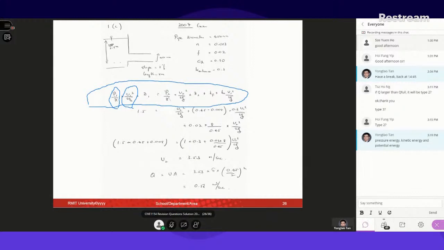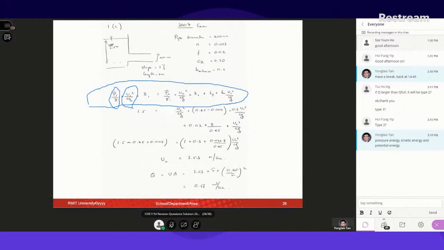These are the three energies in the Bernoulli equation. Pressure energy, P over gamma. V square over 2g represents the kinetic energy, because the water is moving, flowing. Another is potential energy.